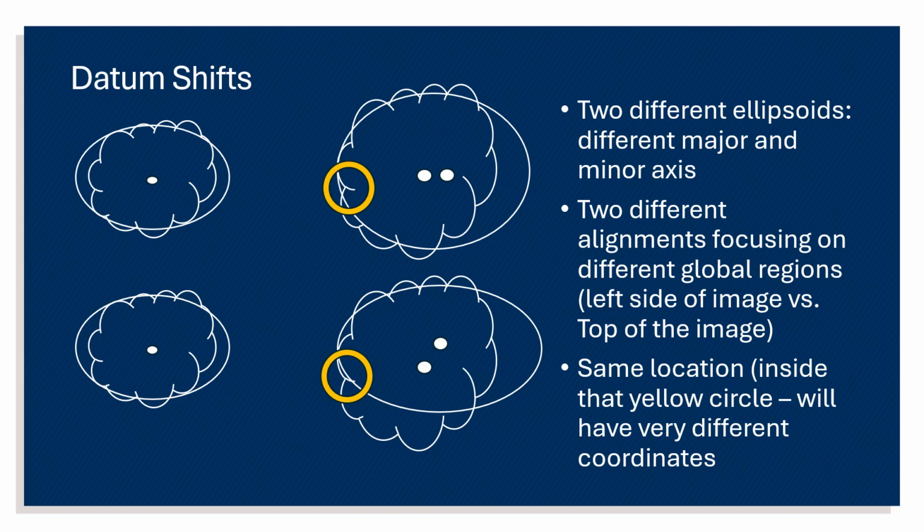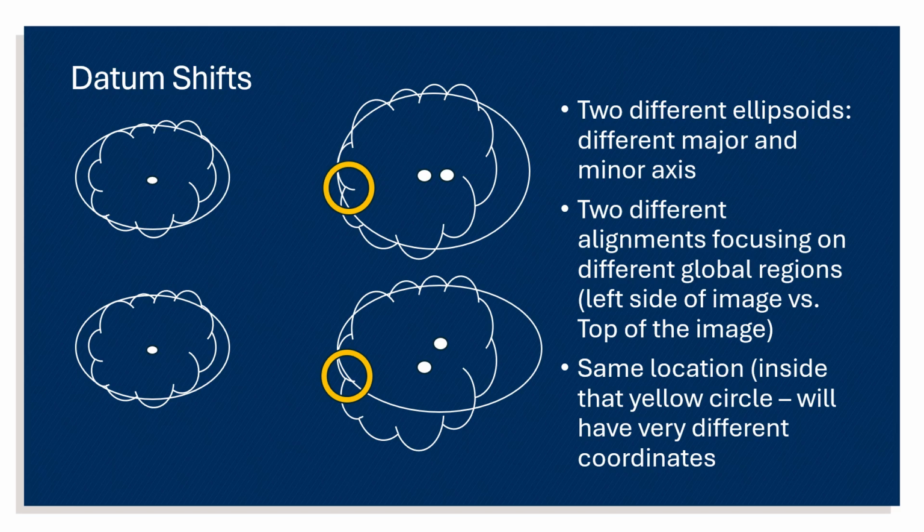And we have two different alignments, focusing on different global regions. The top one looks more at the left side of the geoid, and the one on the bottom is more concerned with the top. Focus on the location inside the little yellow circles, and you'll see how those overlaps are very different because of the alignments.